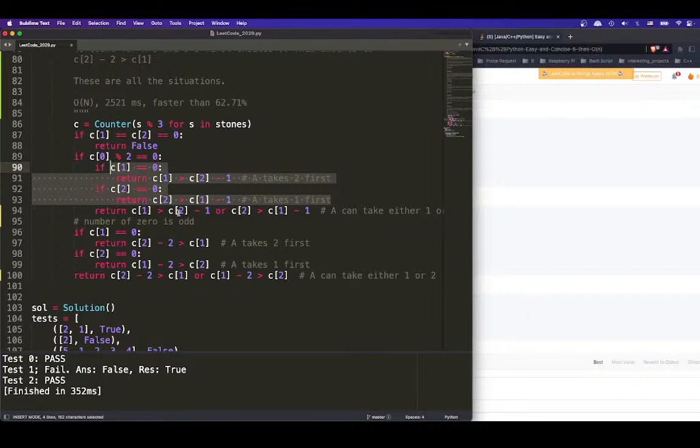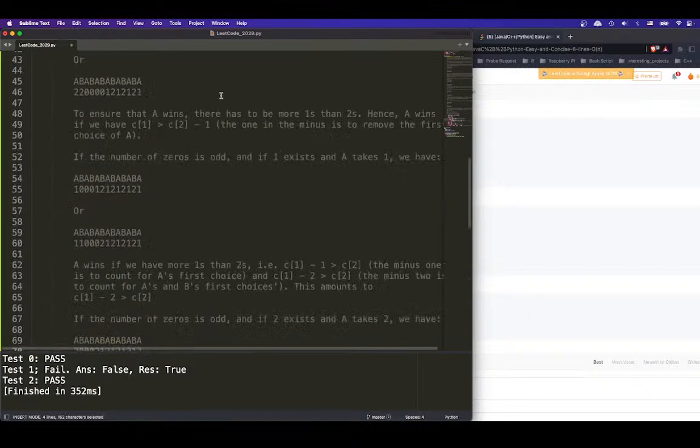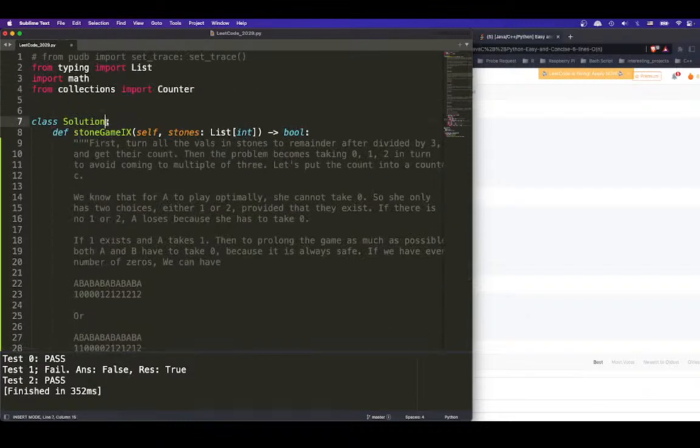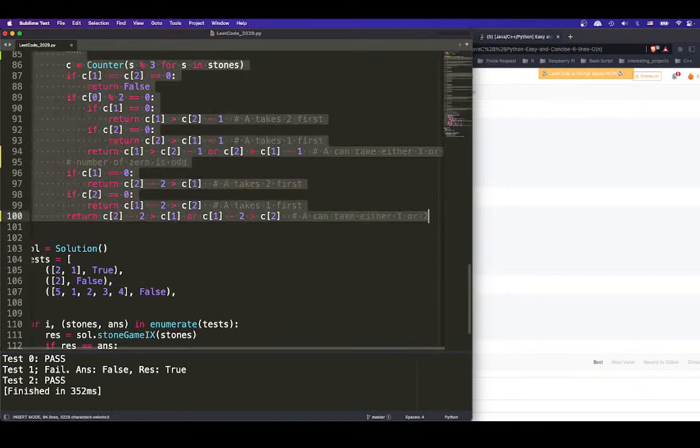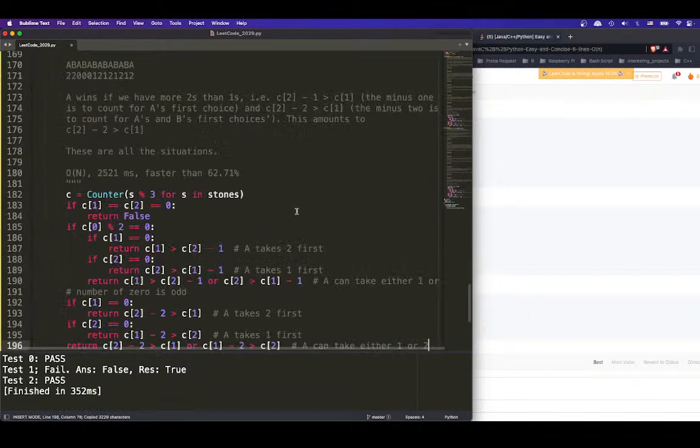Smaller than 1 can be negative, right? Smaller than 1 is smaller or equal to 0. So we're saying C2 smaller or equal to C1, or C1 smaller or equal to C2, which means it doesn't really matter. Ah, that is the case. Simplify, right?